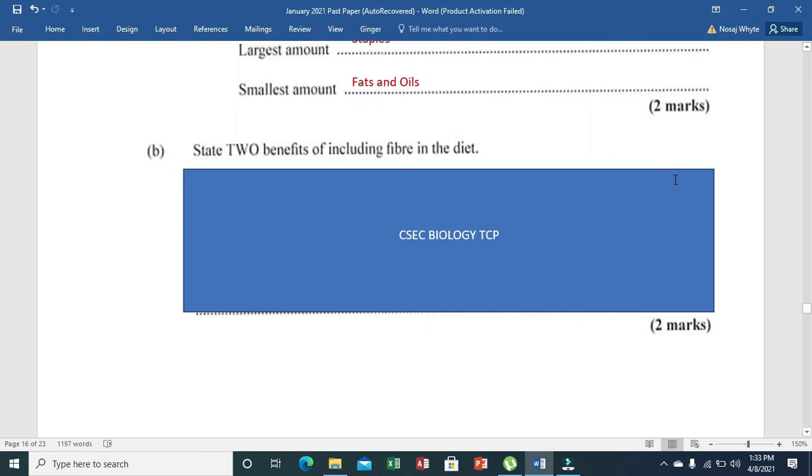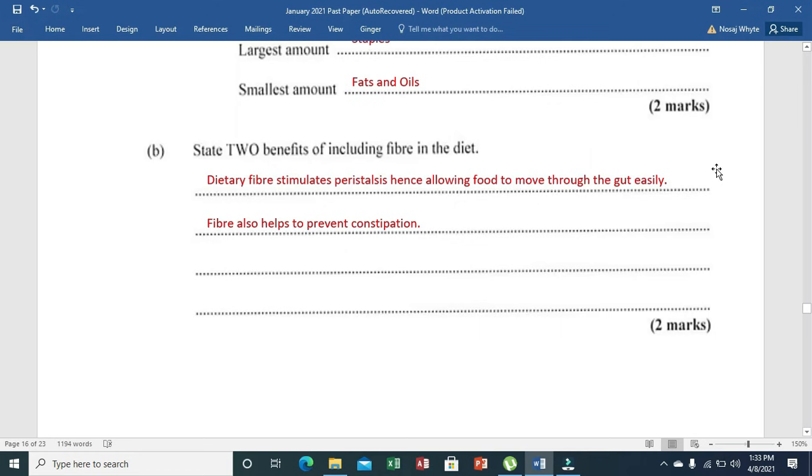This is of course another easy one for a lot of persons. They are going to be saying this one right off the tongue. Dietary fiber stimulates peristalsis, hence allowing food to move through the gut easily. Fiber also helps to prevent constipation. Now when we look at this, peristalsis is that movement of the food through the alimentary canal.